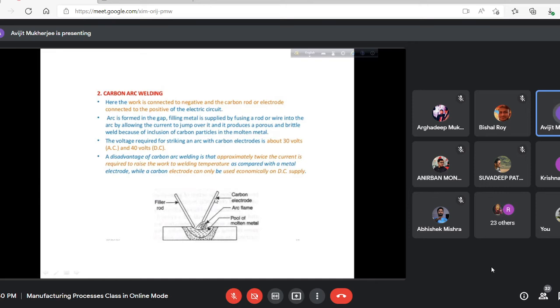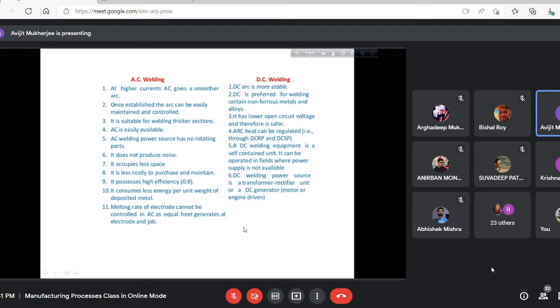As carbon is infused in the weld pool, it will become porous and brittle. But this is the technique, carbon arc welding. This differentiation is already mentioned.